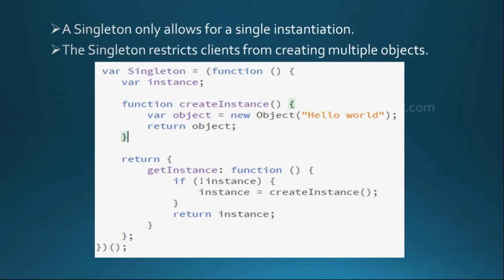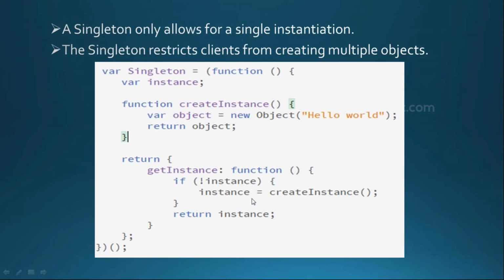Here in this example you can check that I declared a function which contains a local variable called instance and a create instance method, and then a return statement which will return a function saying that if the instance variable is not defined, I call the create instance method. Whatever value is returned by create instance will be assigned to the instance variable, and then I return that instance variable from the get instance method.